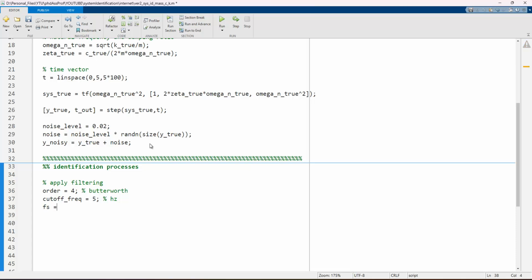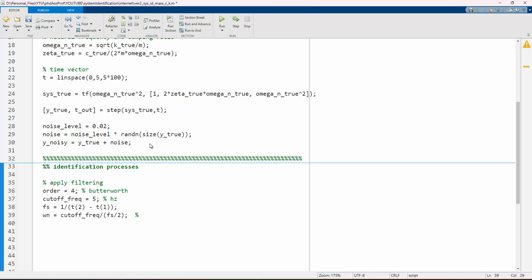Okay, and fs can be assigned with 1 divided by t2 minus t1. This is the sampling period, and so 1 divided by sampling period gives us the sampling frequency, and so Wn is assigned to the cutoff frequency divided by fs divided by 2, because the sampling rate is, for example, 100, and so we can only filter up to 50 hertz.